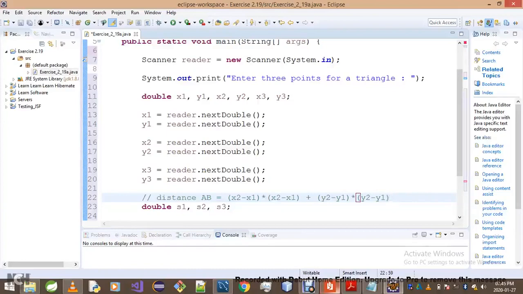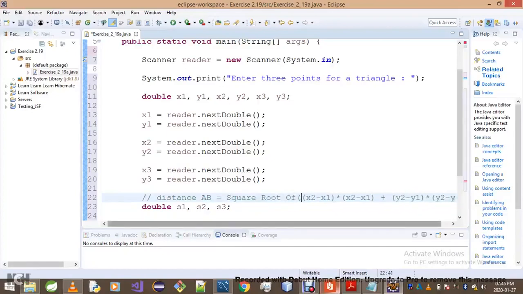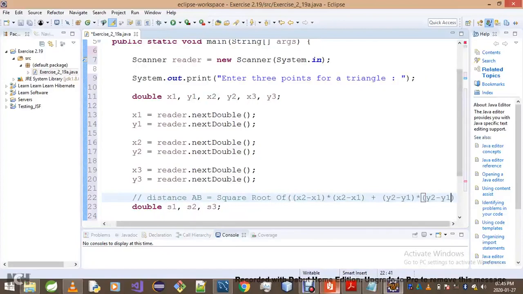Yeah, we're done now. However, you have to find the square root of this whole thing. That's how you go about finding your distance. This is your distance formula.